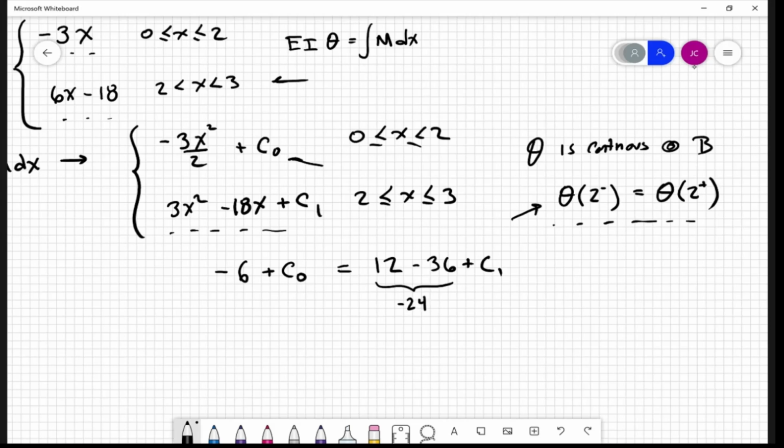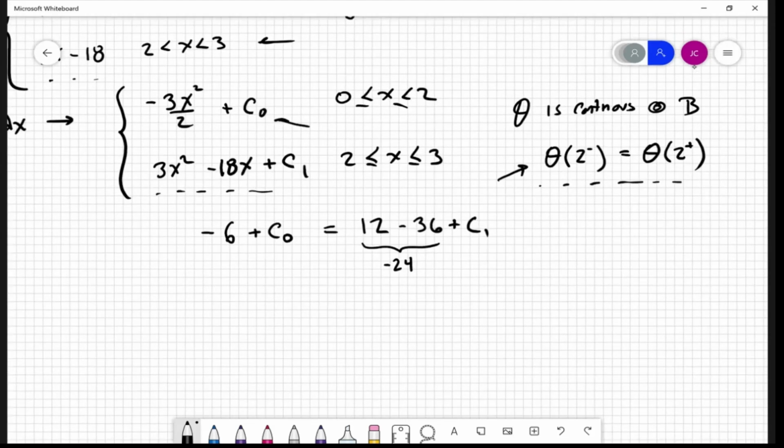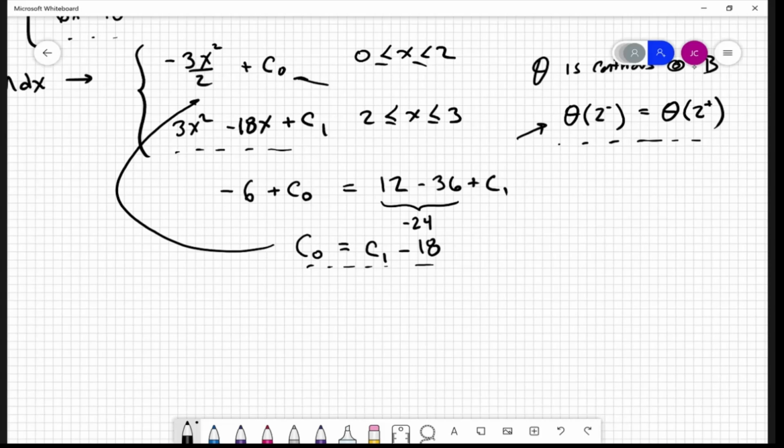And then if we add 6 to both sides, you get that C0 equals C1 minus 18. So we don't know C1 and C0, but at least we know that C1 is related to C0 as follows.